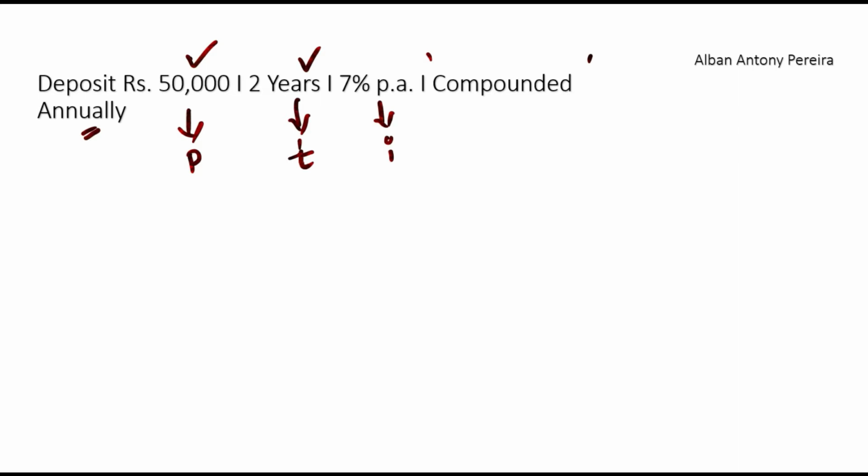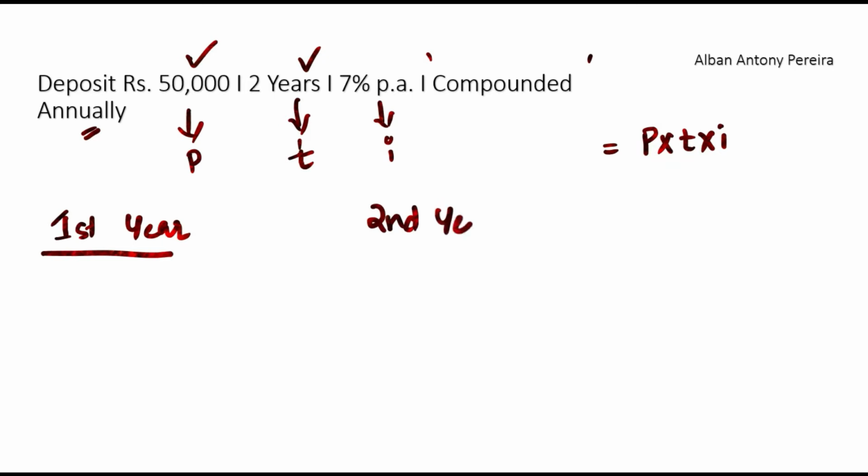Annually means yearly. So let's start the calculation with the same formula, that is P into T into I. Alright. So we'll calculate the interest on the same method, and here we have 2 years. So first we'll write it like this. First year, let's calculate for first year here below, and then we'll calculate it for second year below.